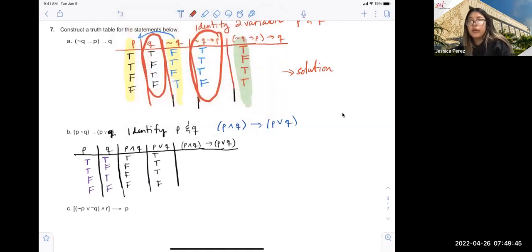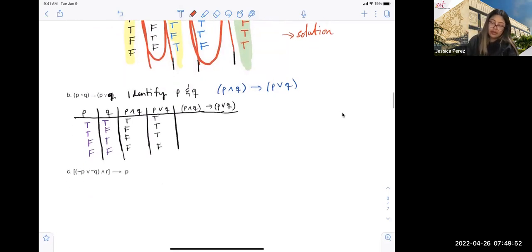You should already know how the and the or looks like. Okay, I'm not going to go over that because you should know how to do that. T implies T, that's a T. F implies a T, that's a T. F implies a T, that's a T. F implies an F, that's a T. Because we have an implication.